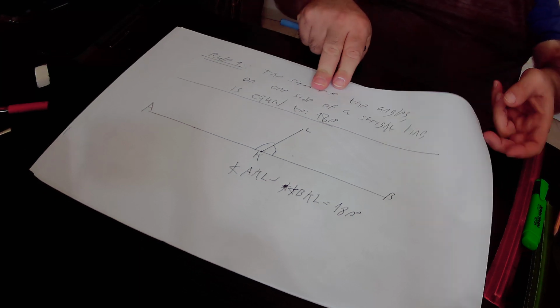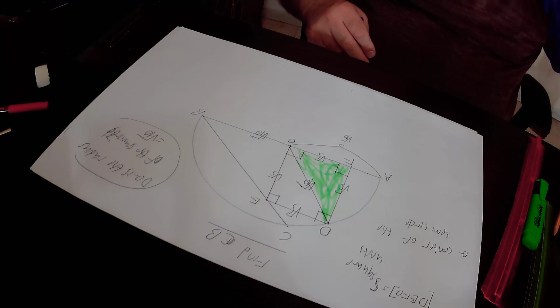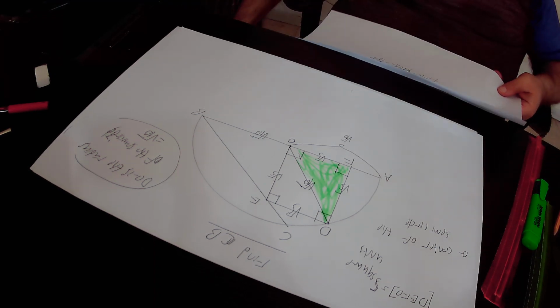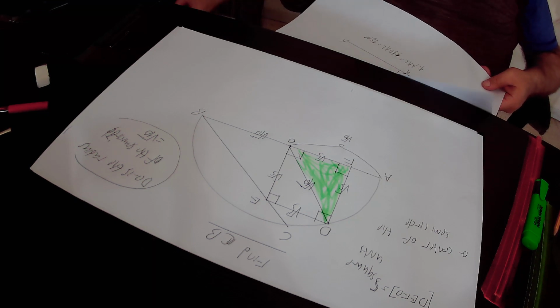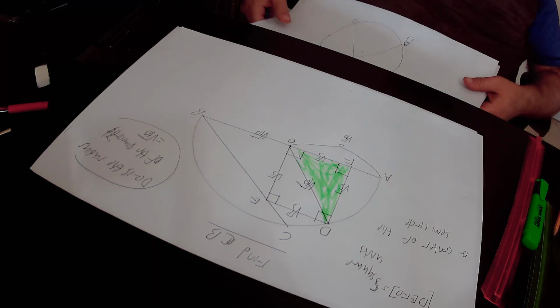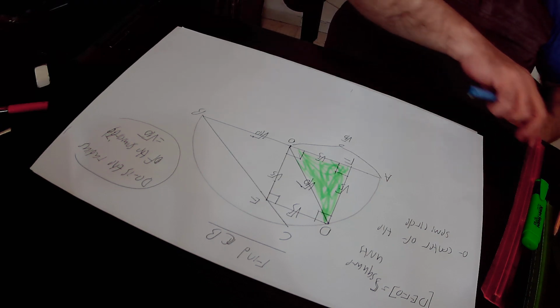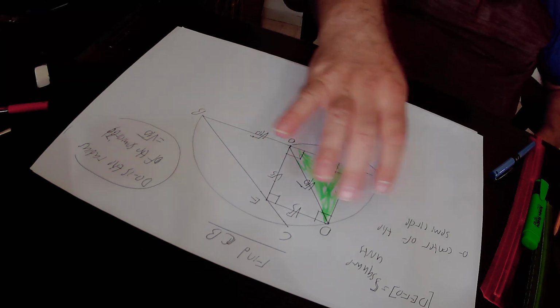So we can implement rule number 1 in our drawing. Why? Because in our drawing, we know that this is a semicircle.